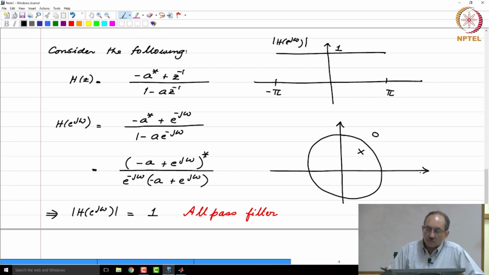So, this is the simple first order all pass section, the pole 0 configuration. And note that if this were all pass, its inverse system also will be all pass.